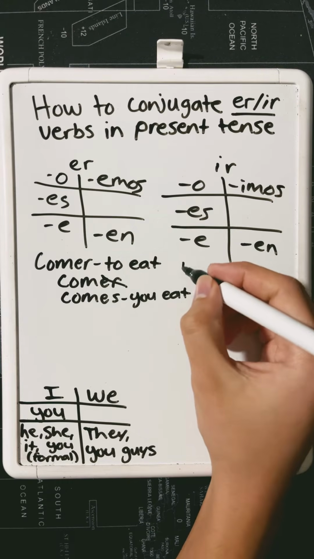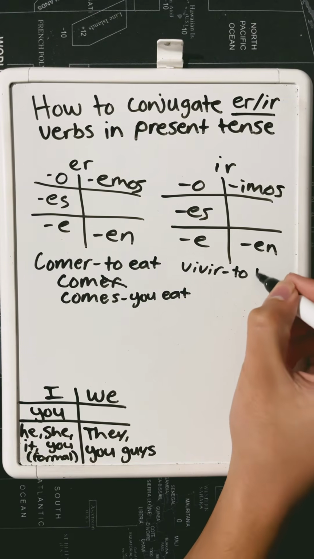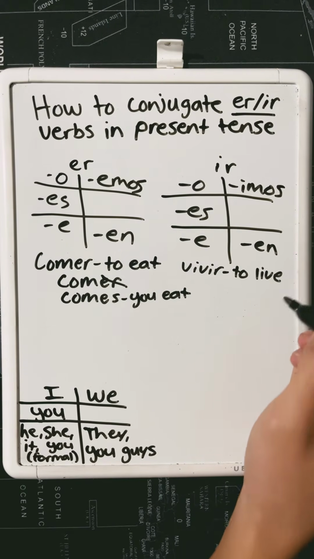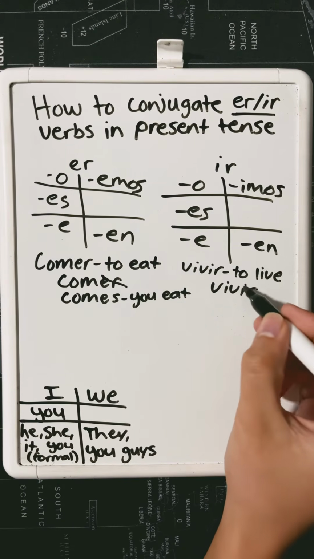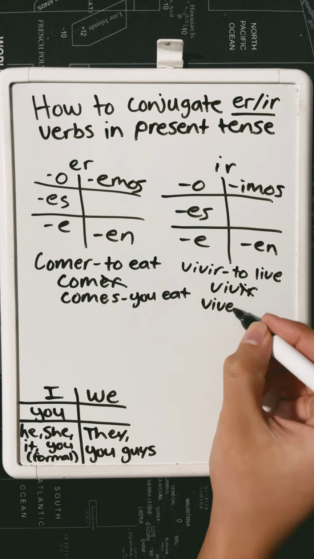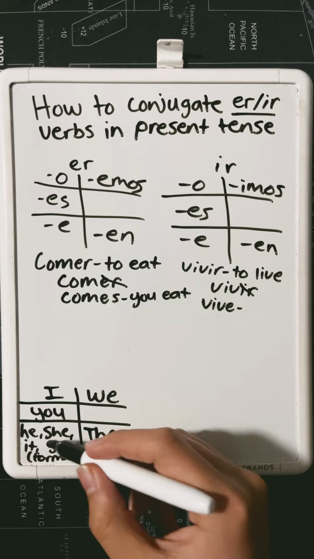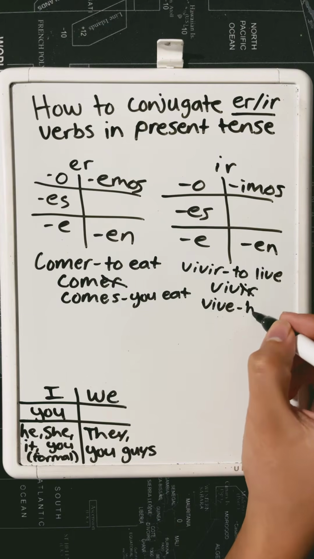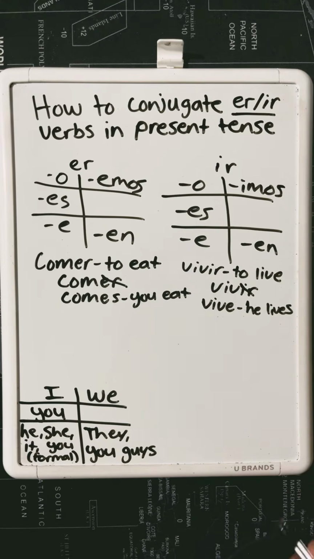So once again, let's write out vivir, which means to live. And then once again in its infinitive form, which just means no conjugations. So we'll cross out the IR, and I'm gonna go with e to make vive, which could mean any of the following here, but for this case, let's just go ahead and say he lives.